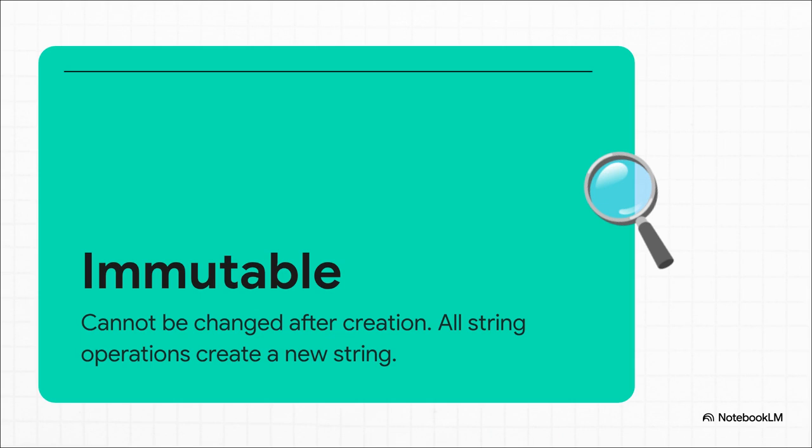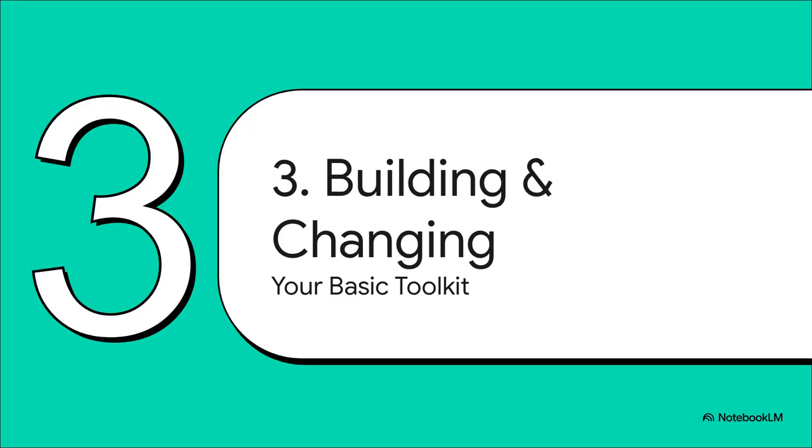So when you use a method like .upper, you're not changing the original string. What's actually happening is Python is creating a brand new string in memory with your change. This is a huge gotcha for beginners. You have to assign the result to a new variable or back to the old one if you want to actually keep the change.